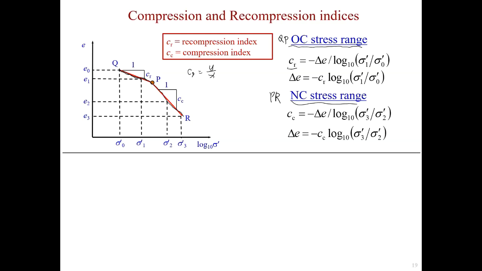Y will be E1 minus EO, and X will be log sigma 1 prime minus log sigma O prime. If you do the conversion, it will be ΔE divided by log of sigma 1 prime over sigma O prime.